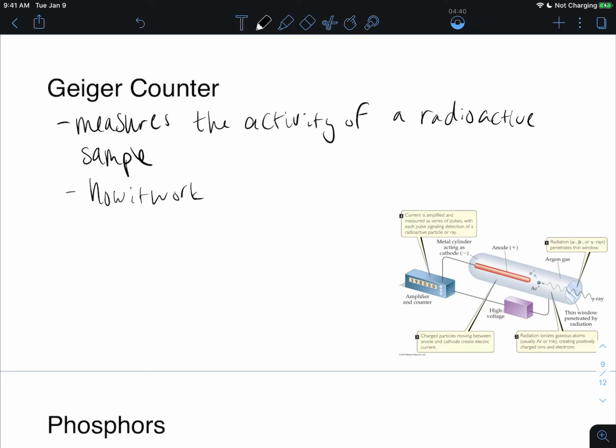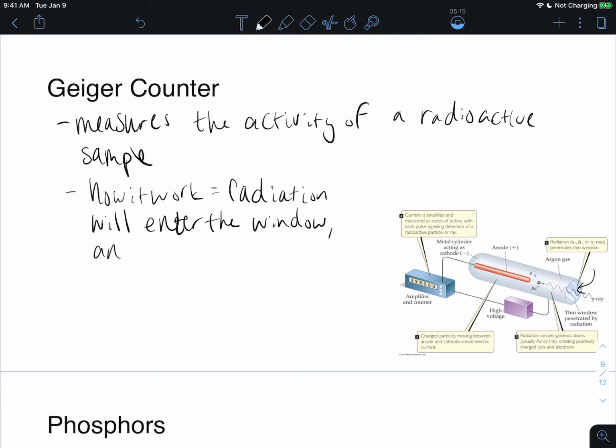So what happens is there is a window right here. So radiation will enter the window. And when it does, it interacts with a gas, the argon gas within the chamber.